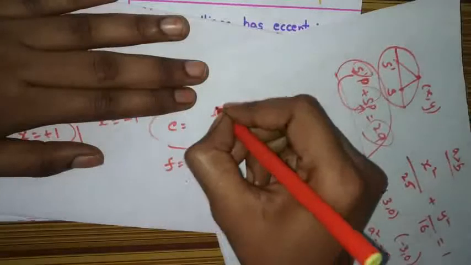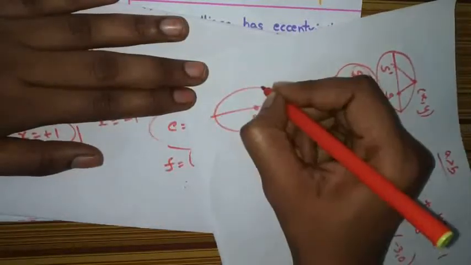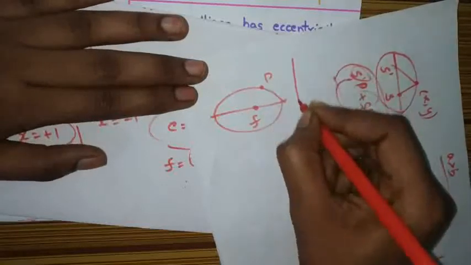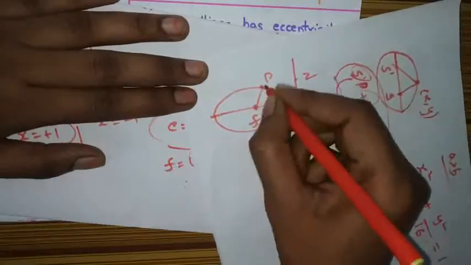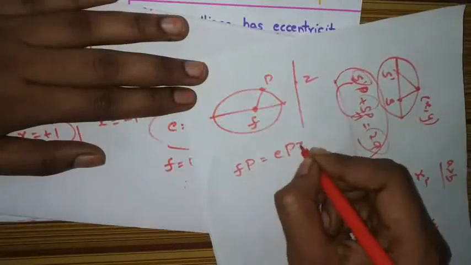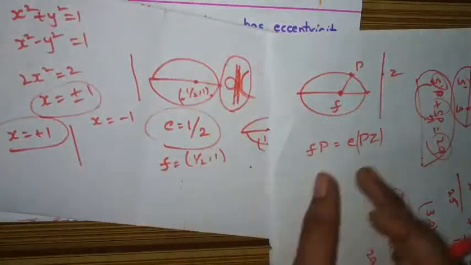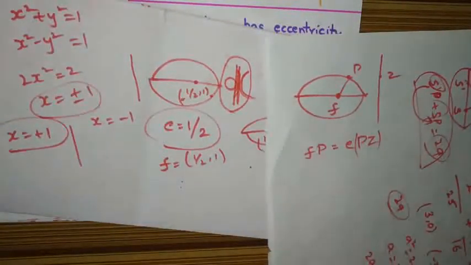So this is the ellipse, this is the focus, this is some point P, and this is the directrix, with foot Z. FP is equal to e into PZ. Now whatever values you have, put them here, and you will get the equation of the ellipse.